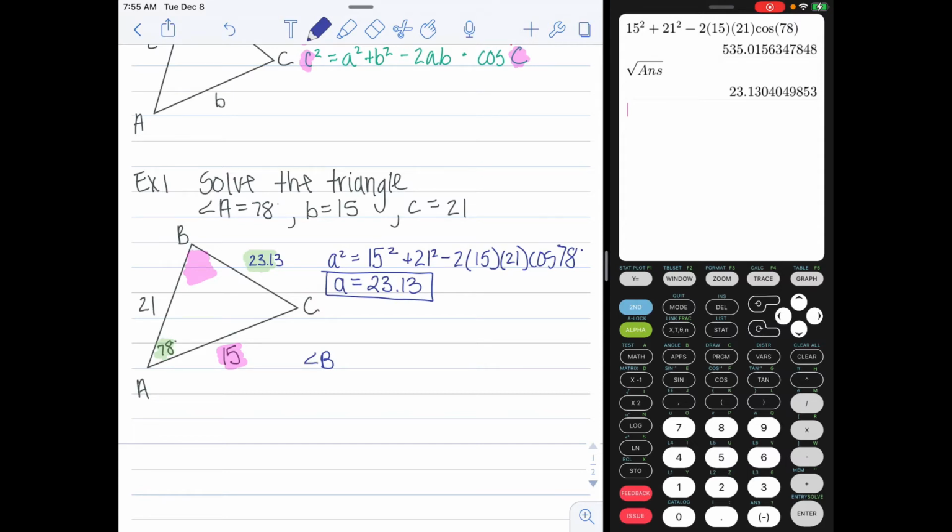Absolutely. So for side B, we're going to use the 15 and we're going to find that angle. So sine of 78 over its side, which was 23.13, is equal to sine of B over side 15.